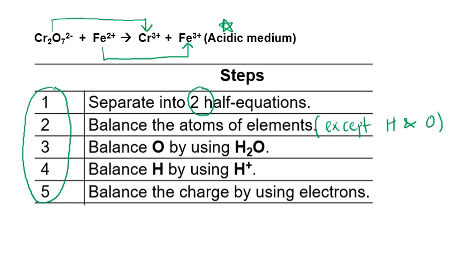Third, we balance oxygen by adding H2O only. We cannot balance oxygen by adding O2. Similarly for hydrogen, we can only balance H by adding H+ and not H2. The last one, we balance the charge using electrons. On the next slide, we will continue with these steps.